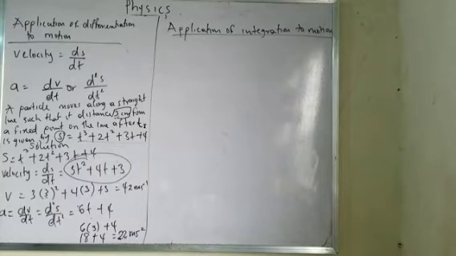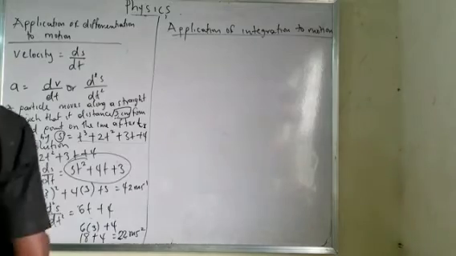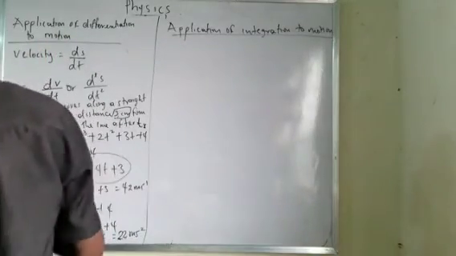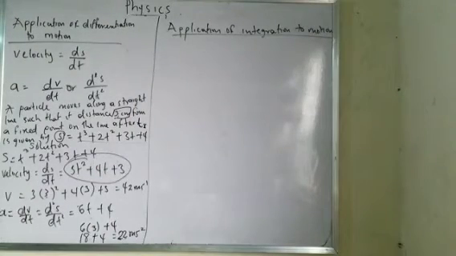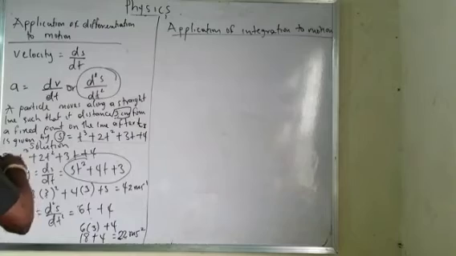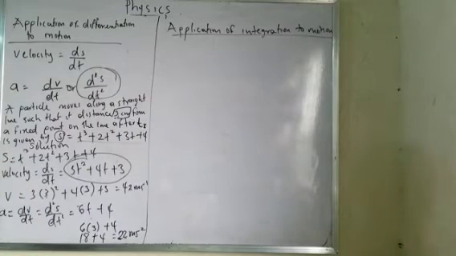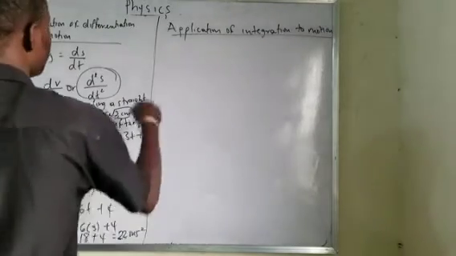Now, that is differentiation. Let's move on to integration. Integration is always the reverse of what is here. For instance, if I integrate this, I will get back to velocity.